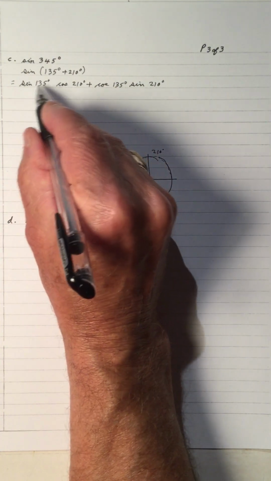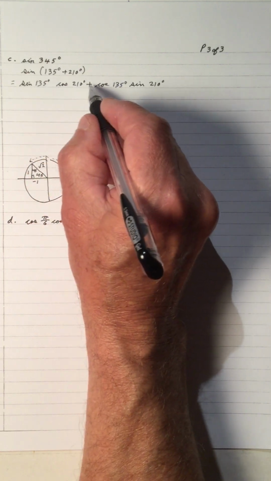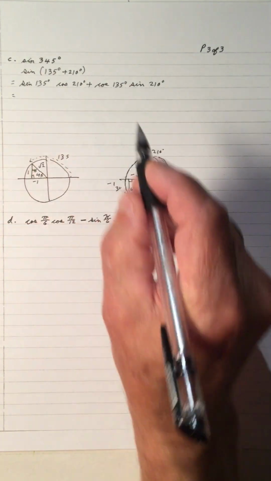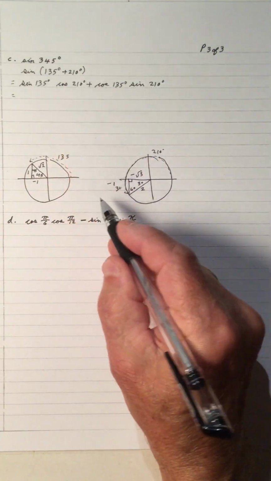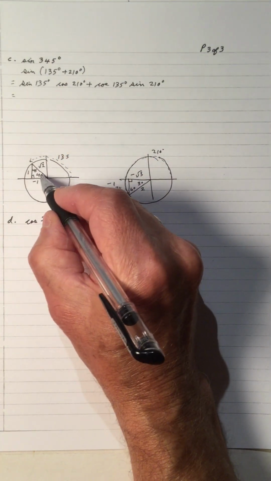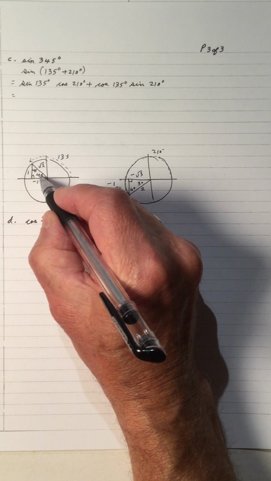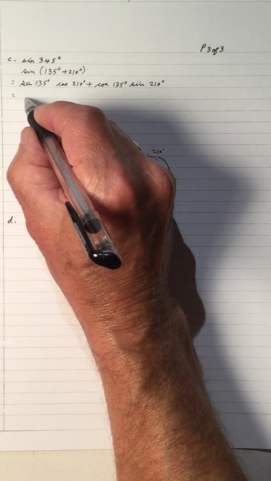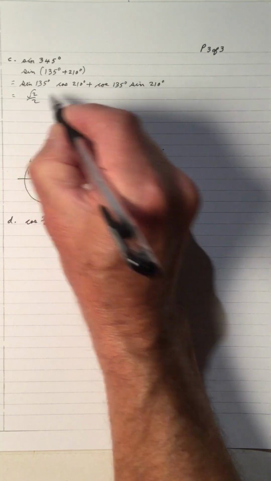Again, these are rotated, switched, so the additions and minuses are not switched. So what is the sine of 135? Let's use this one. The sine of 135 is, sine is opposite over hypotenuse. That's 1 over root 2. So that's root 2 over 2.